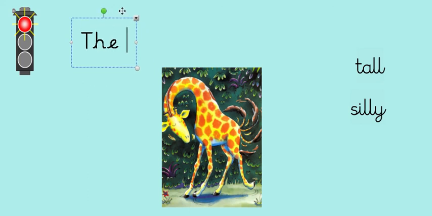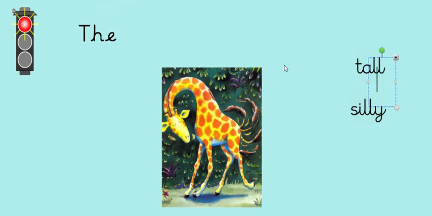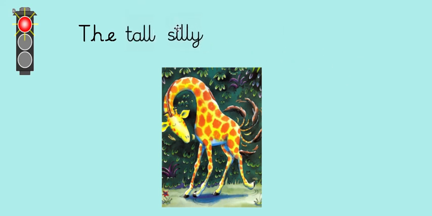Okay, so I'm going to have the, capital letter, Miss Lyons, the tall, children, as my adjective from before, the tall, one adjective, silly, two adjectives. Now, when we have more than one adjective, children, we need to split them up using what's called a comma. So a comma looks like this, and it goes on the line and it separates our adjectives.